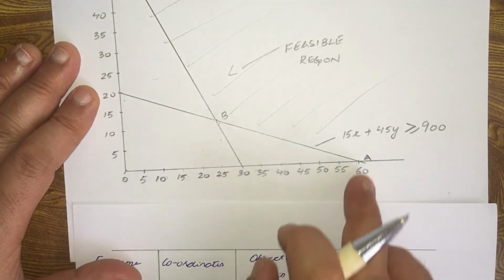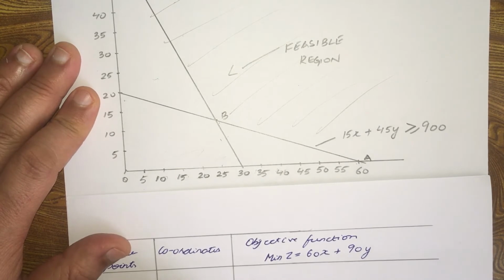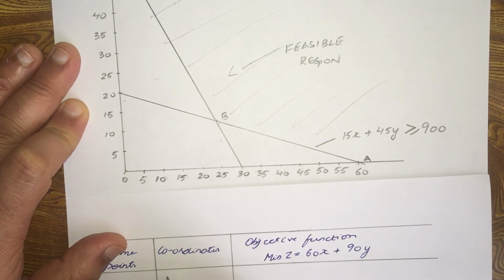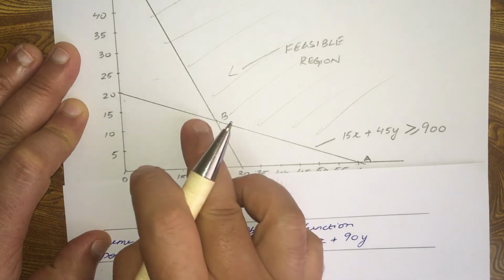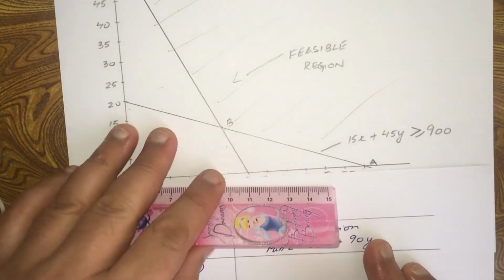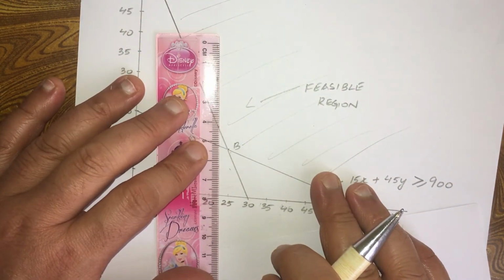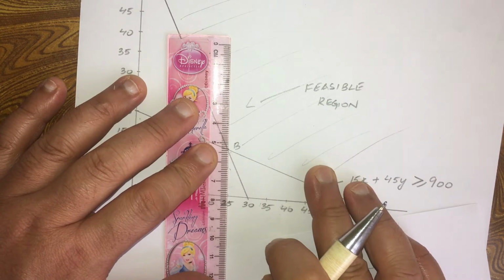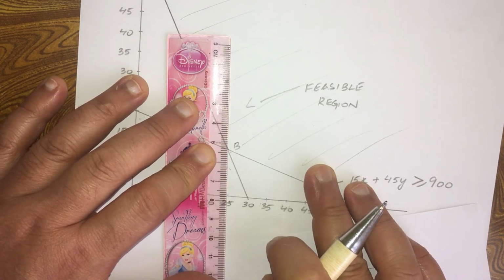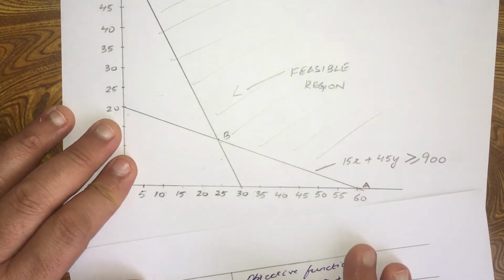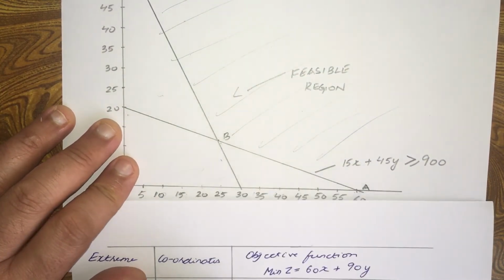Now what are your extreme points here? Your extreme points are A, B, and C. Now what are the coordinates of A? A will be 60, 0, and B it'll be say 24 and 12.